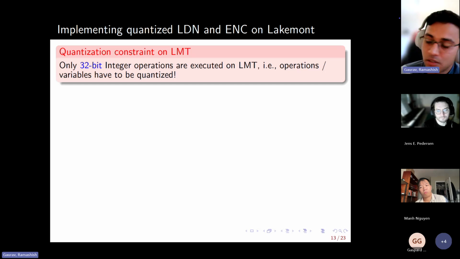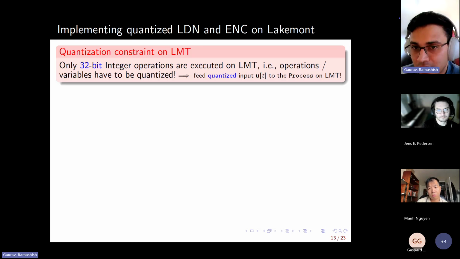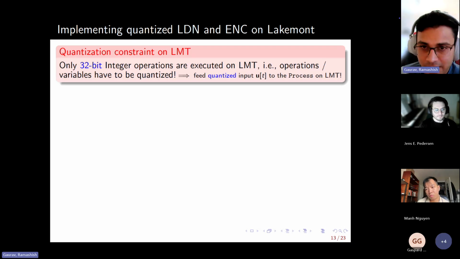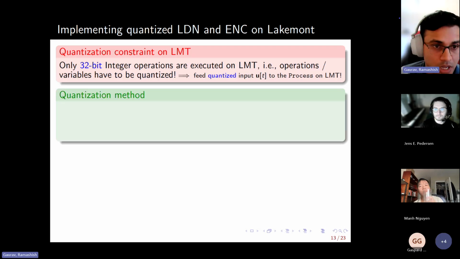That is, the operations and the variables have to be subsequently quantized for their implementation, which implies that you also need to feed a quantized input UT to the process on the LMT that we saw in the previous slide, where we were scaling and quantizing the input UT to be sent to the LDN encoding to spike process on the Lakemont core.